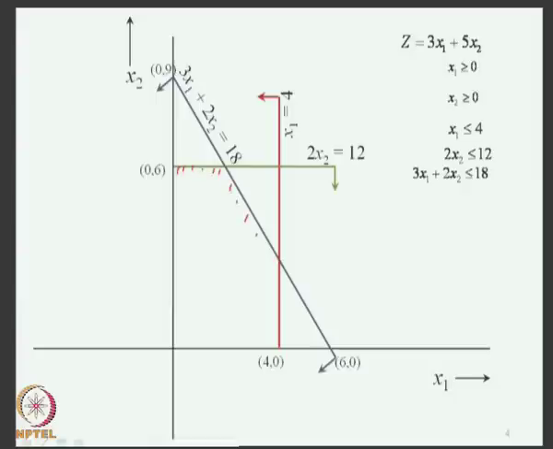So, this is the region in which all the constraints are satisfied, and this region is called the feasible region.